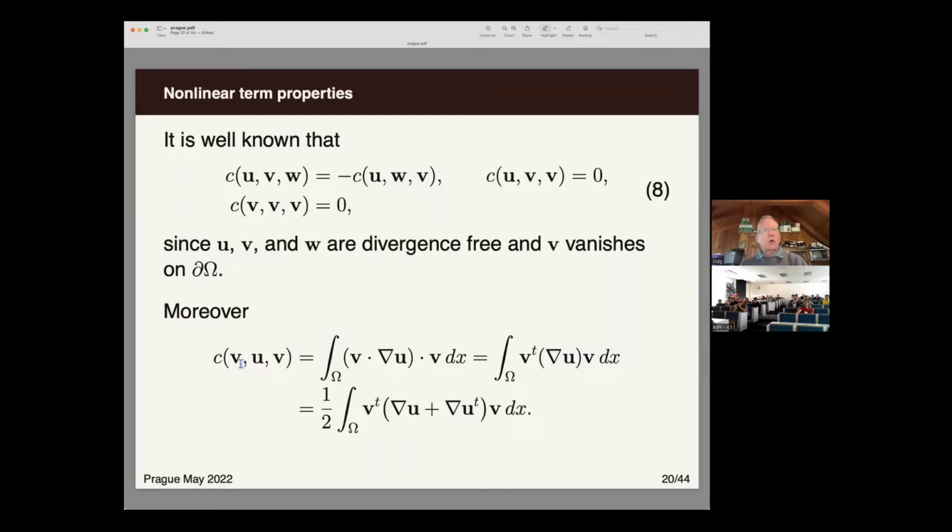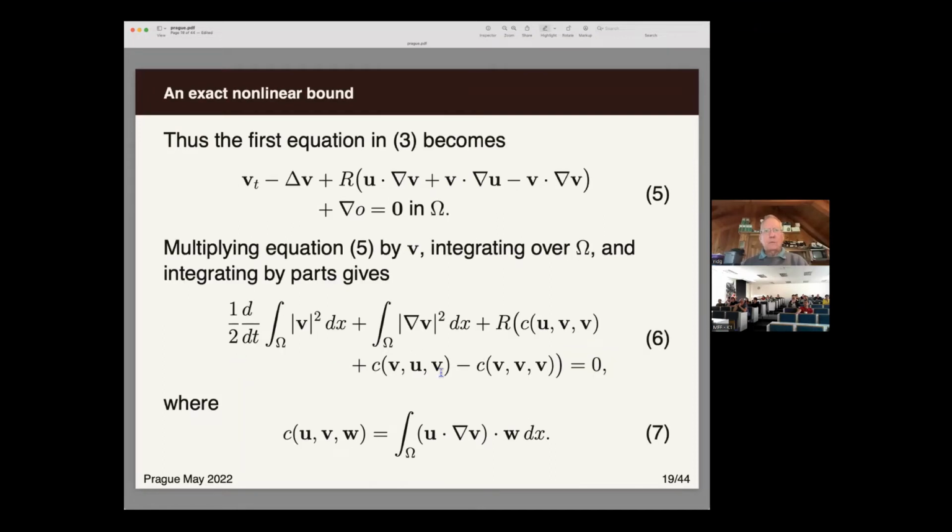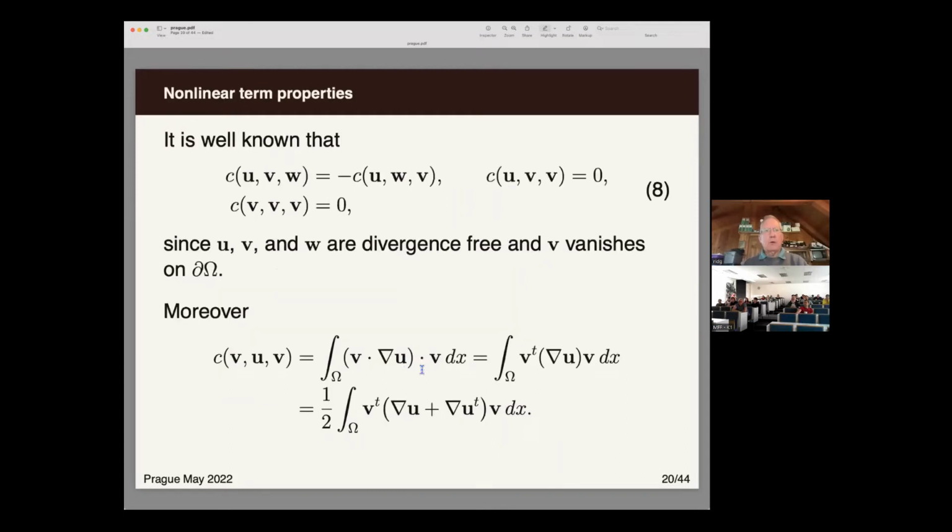In particular, those two are going to cancel, and we're left with C of V, U, V, and that remaining term is this expression, which appears initially to be non-symmetric, but here's a little exercise in mechanics to show that this expression involving the gradient of U is actually equal to the expression with just the symmetric part of the gradient of U.